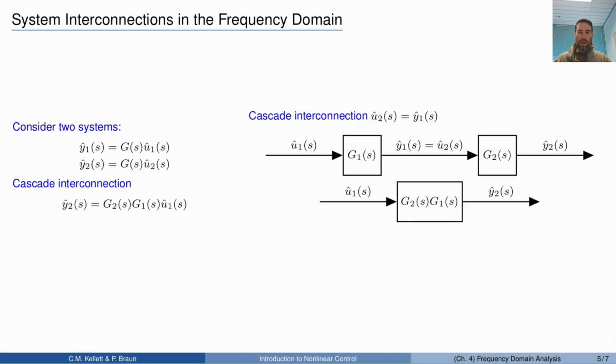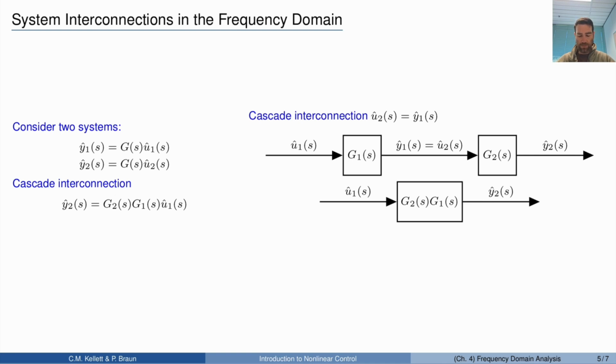Okay, why are the representations in the frequency domain important, or how do they help us? So one application would be to look at interconnected systems. There, the representation in the frequency domain is usually quite helpful, making it easy to analyze these interconnections.